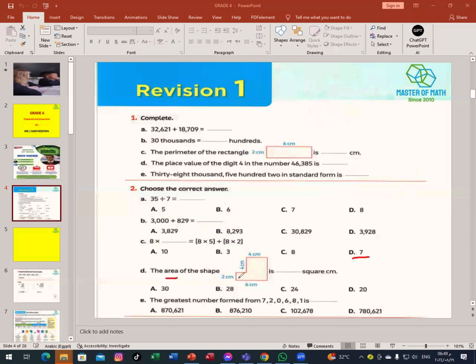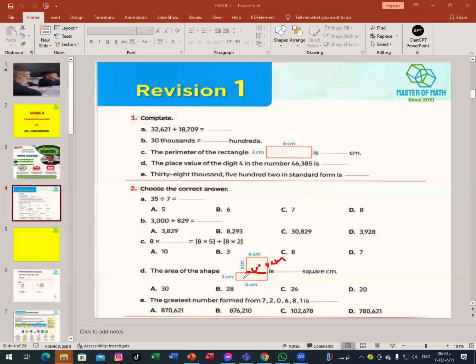The area of this shape, he wants the area of it. Perimeter is from outside, but area is from inside. To get the area of this shape, I will divide it into 2 shapes. A square, with this side 4 centimeters, this side also 4 centimeters.